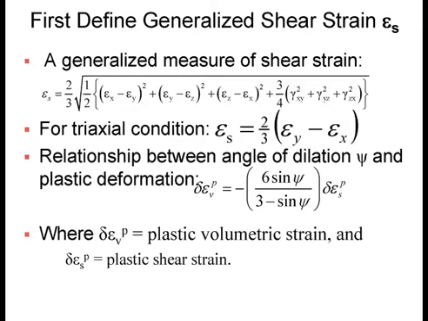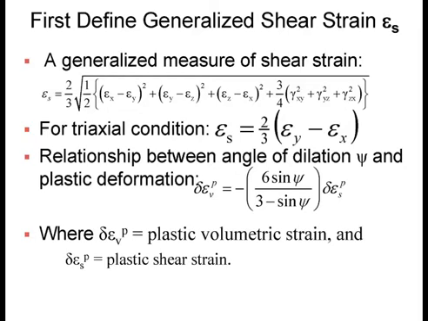That is, it relates this change in plastic volumetric strain to the change in the plastic shear strain. And that relation is a function of the angle of dilation. So now let us take a look at this. If the angle of dilation is 0, then obviously this reduces to 0, because the right hand side reduces to 0.